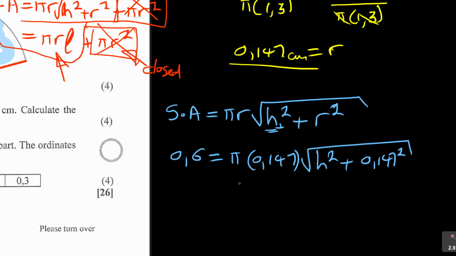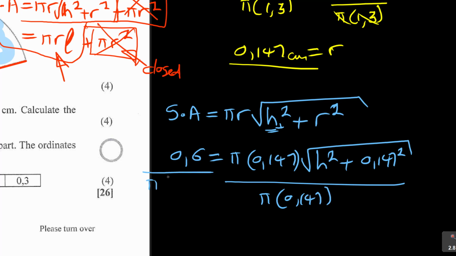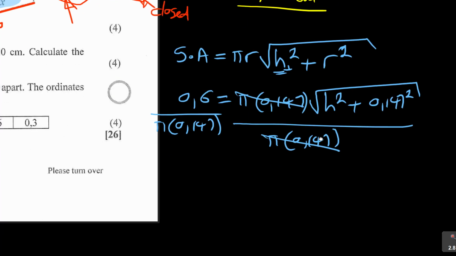Then from there, divide by pi 0.147. Two on the left, two on the right, pi 0.147. Are you with me? So that this goes. Now I will say avoid the calculator at this stage.